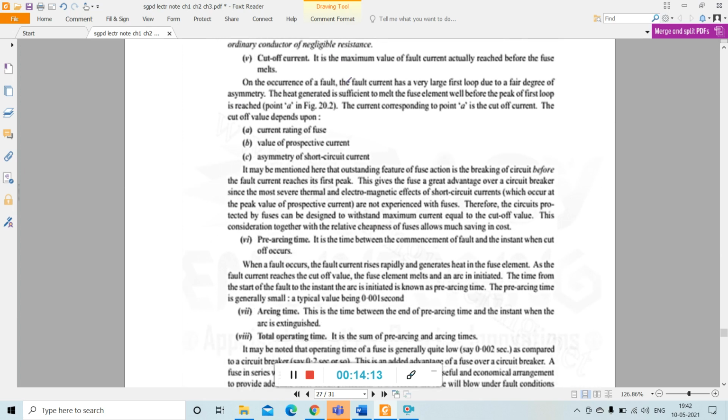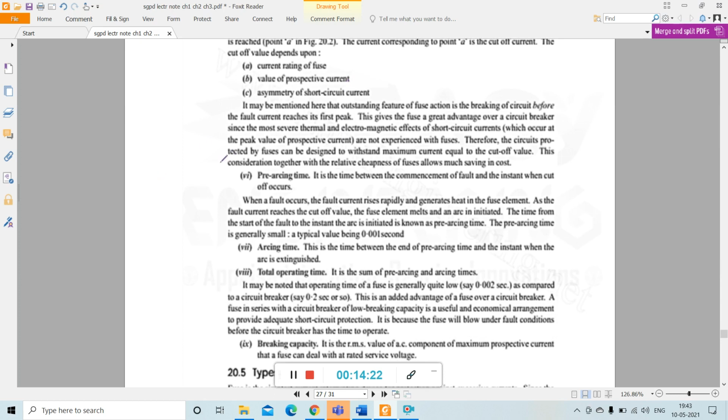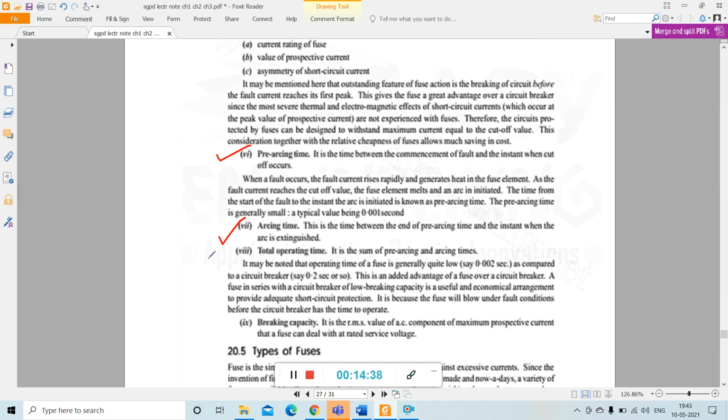The cutoff value depends upon current rating of fuse, value of prospective current, asymmetry of short circuit current, etc. Okay, so the next one is the pre-arcing time. So it is the time between commencement of fault and the instant when cutoff occurs. And then arcing time, this is the time between the end of pre-arcing time and the instant when the arc is extinguished. And the total operating time is the sum of pre-arcing and arcing time.